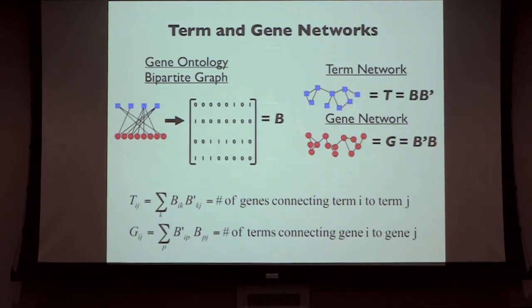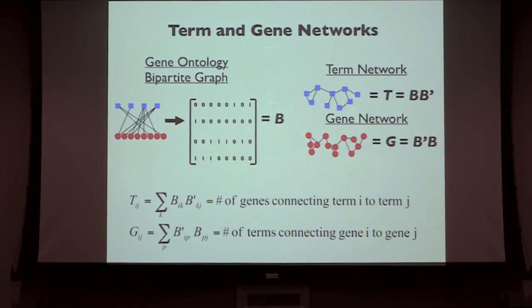And so if this is my matrix B of whether a term is annotated to a gene, I can construct a term network which is contained in a matrix T by multiplying my matrix B times B transpose. And so in that case, the ij element of T reflects the number of genes connecting term i to term j in the bipartite network.